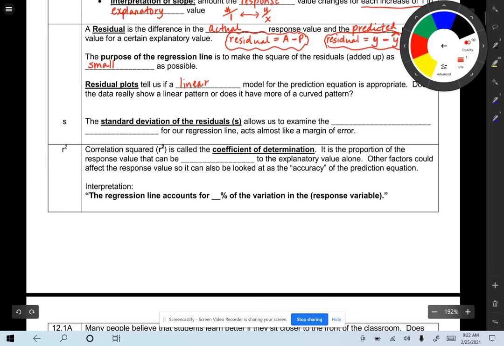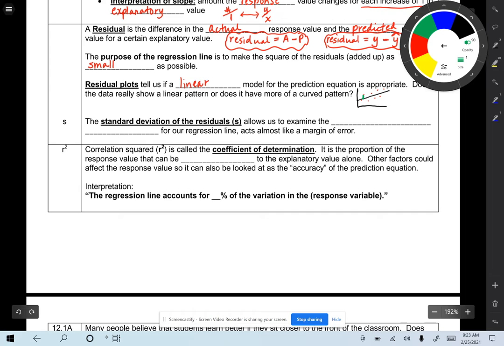So going back to residuals, here is a scatter plot, and I am just going to draw some dots. And here's a line of best fit. Could have made it bigger, but that's okay. So this point is the actual value. The predicted value is the one that's on the line.